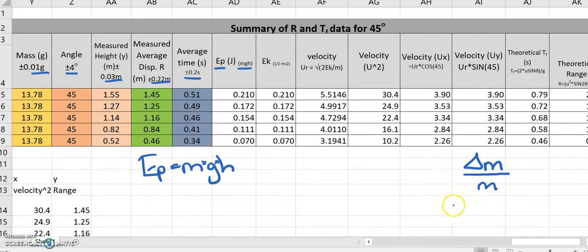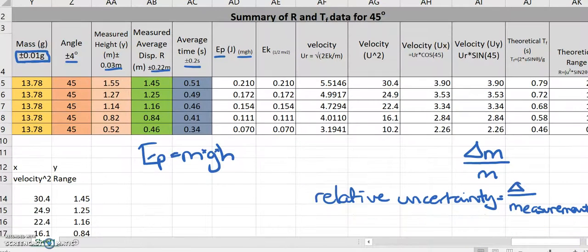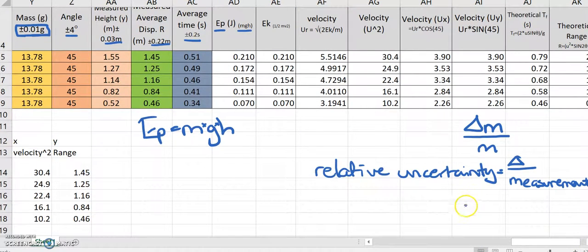So we could write this as: the relative uncertainty is equal to the absolute uncertainty divided by the measurement. Above here, the absolute uncertainty is this one here, so it would be equal to 0.01 divided by the measurement that we took.